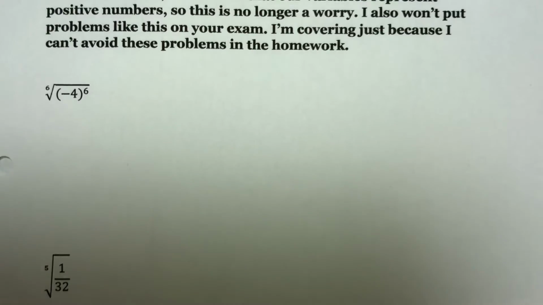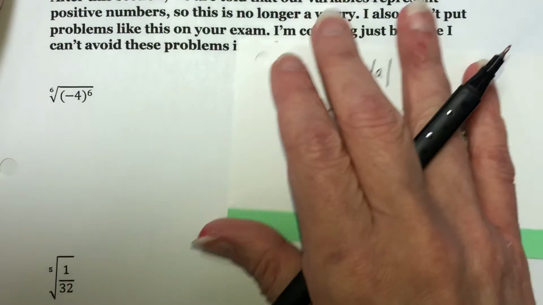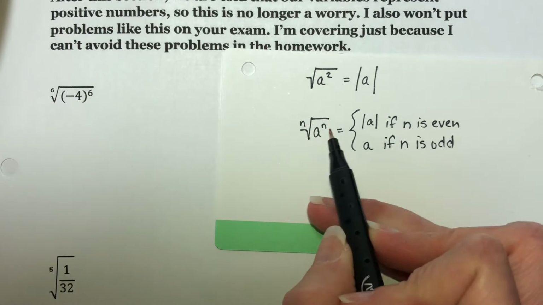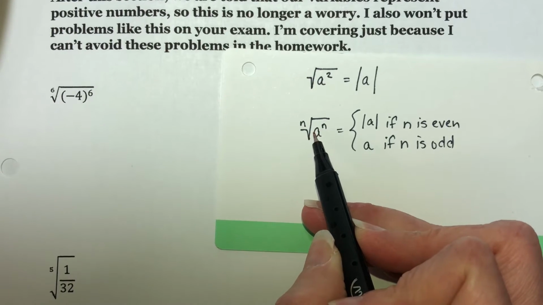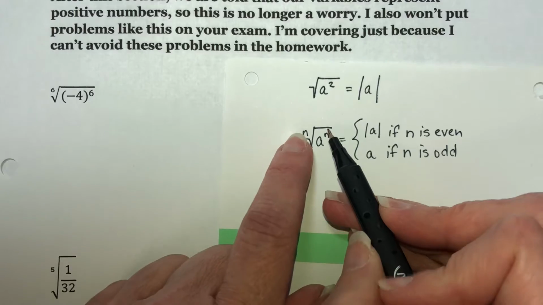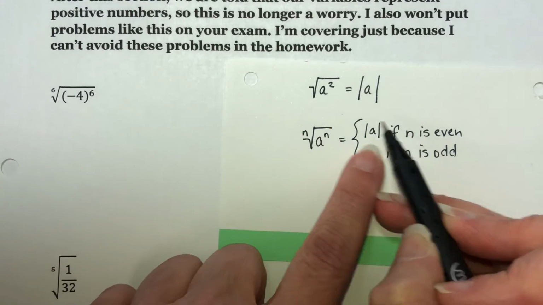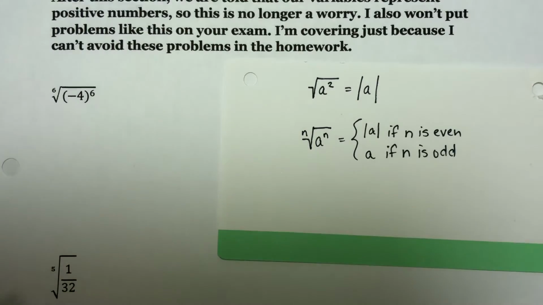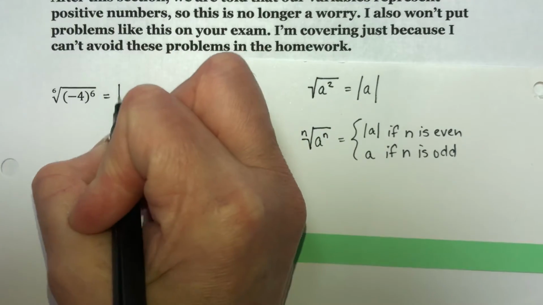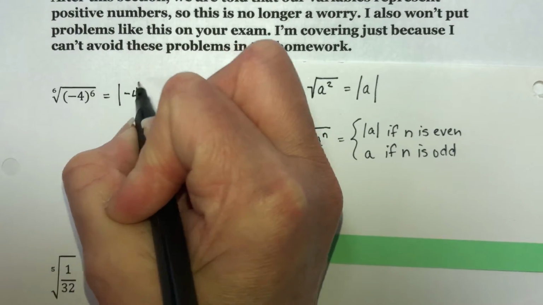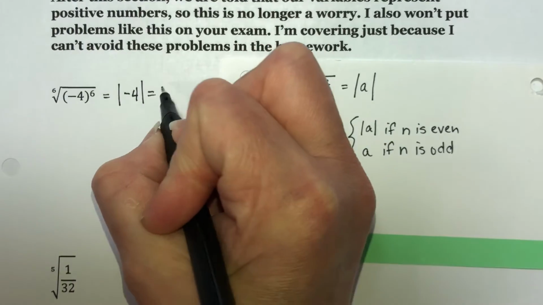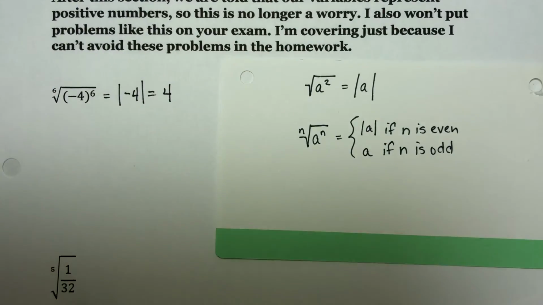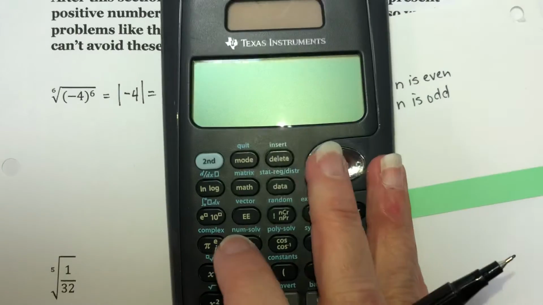So let's look at the 6th root of -4 to the 6th power. Now, I've written down the properties on an index card so we can refer to them easily. What we have here is the same index here and here. It's a 6, and 6 is an even number, so I need to use the absolute value of the number in here. So this is going to equal the absolute value of -4, which is +4. You could enter this the same way in your calculator.